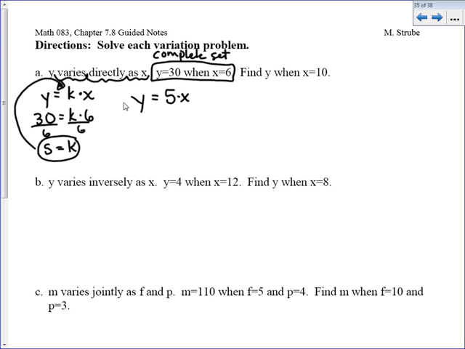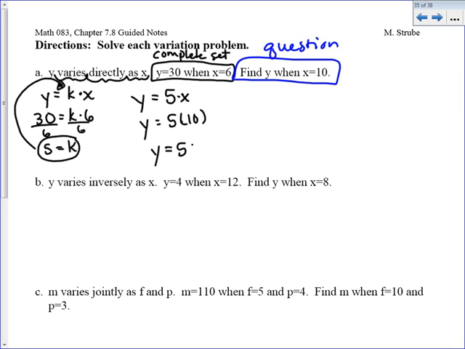So find y when x equals 10. So that's the question, this last part here, so that's my complete set. This is the question. So I'm going to go to my equation, and I'm just going to replace x with 10. So y equals 5 times 10, or y equals 50.